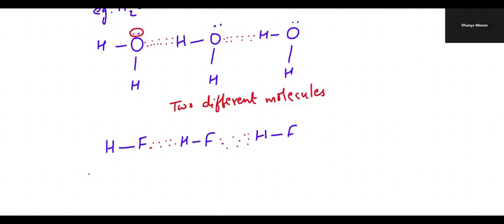This is an example of intermolecular hydrogen bonding. Since all are hydrogen fluoride molecules, this is called homomolecules. Same molecules, but many are there. Here also water: many water molecules, but the species is the same, so we call it homomolecules.